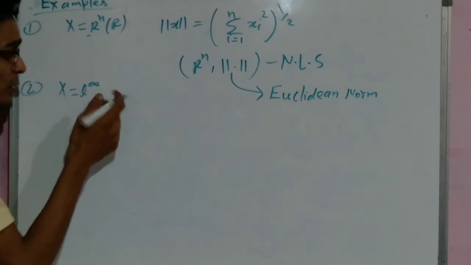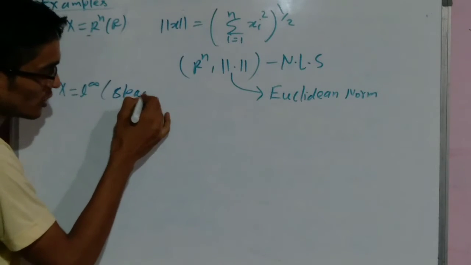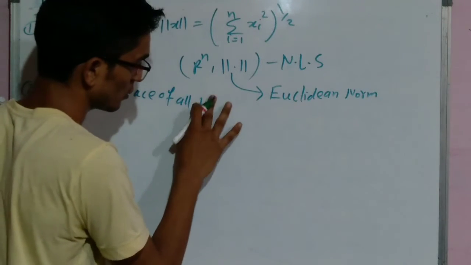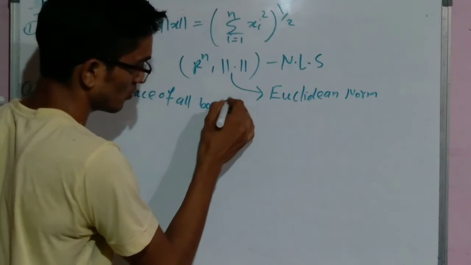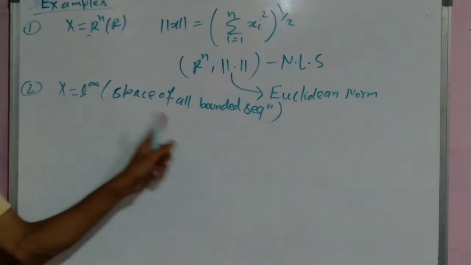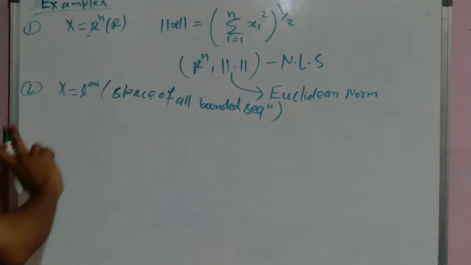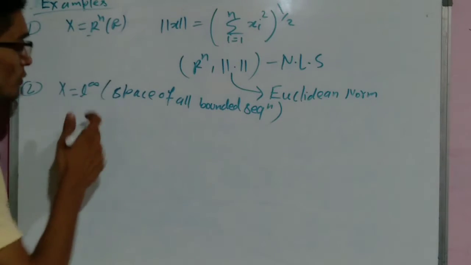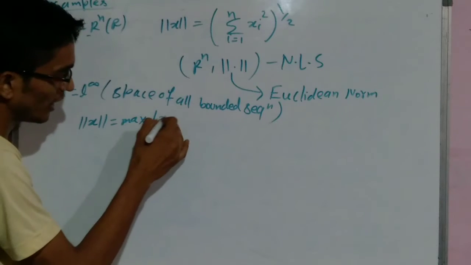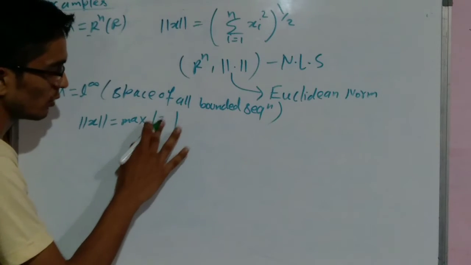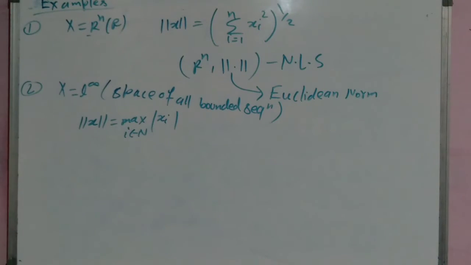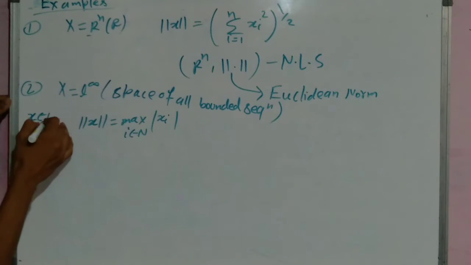L infinity means the space of all bounded sequences. For this we define the norm of x equal to the maximum of mod xi, where i belongs to n.